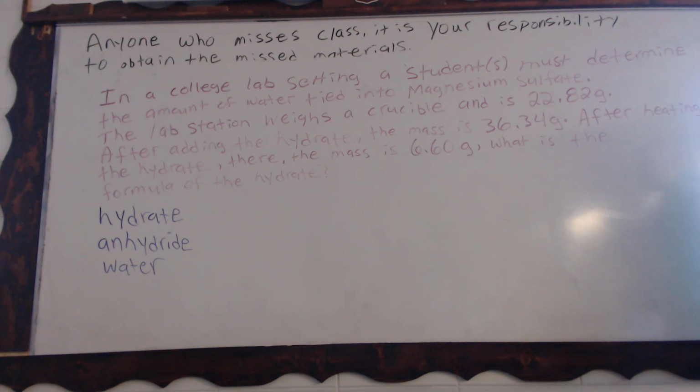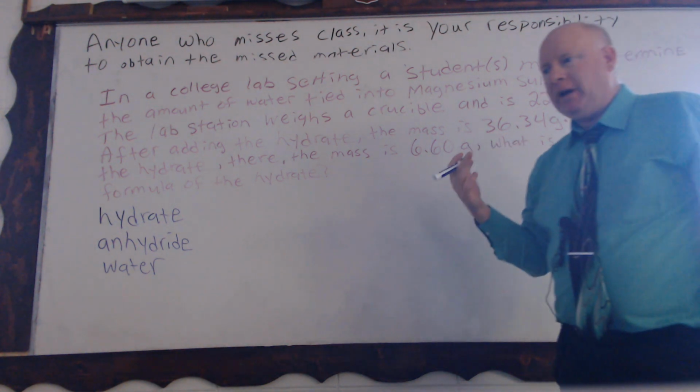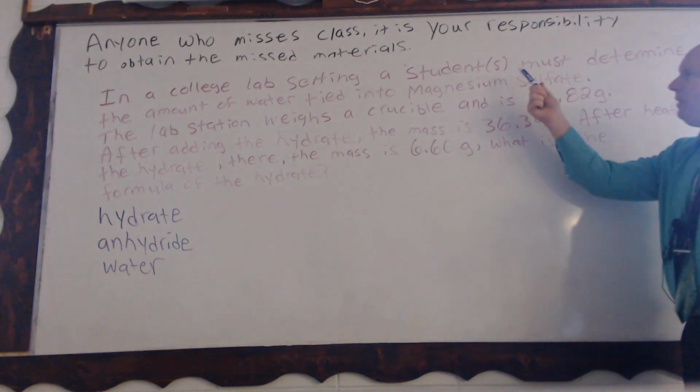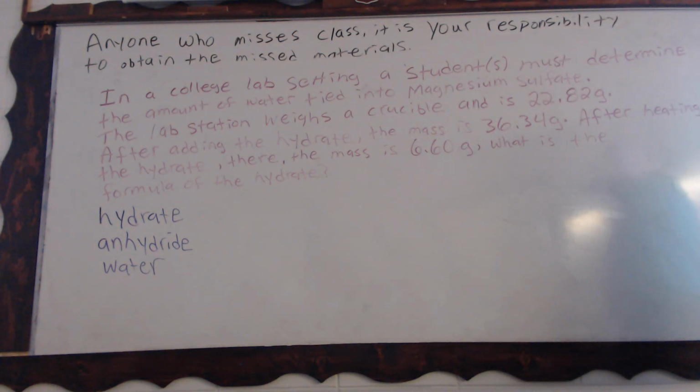Okay? So to help you out, we're presuming this is perhaps something you may have to do in your college lab. A student, or maybe students, maybe you're working by yourself, must determine the amount of water tied into, in this case, magnesium sulfate. So at the lab station, when you weigh the crucible, that's how much you may get: 22.82 grams.